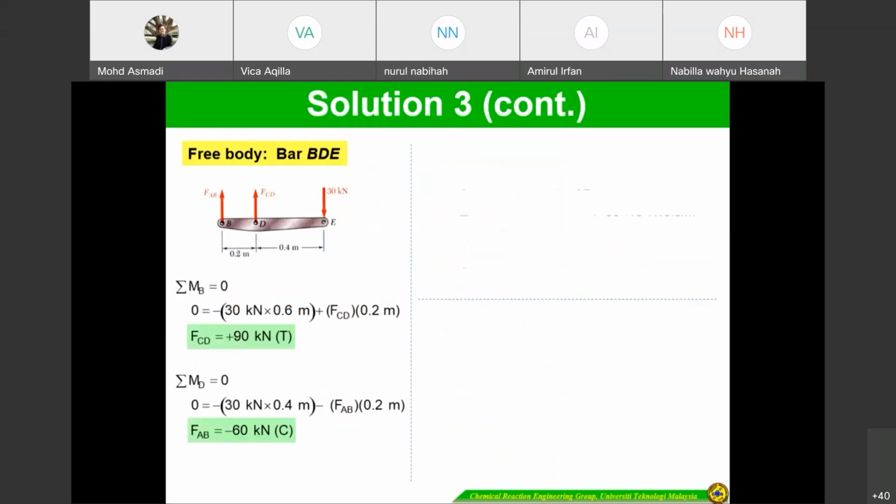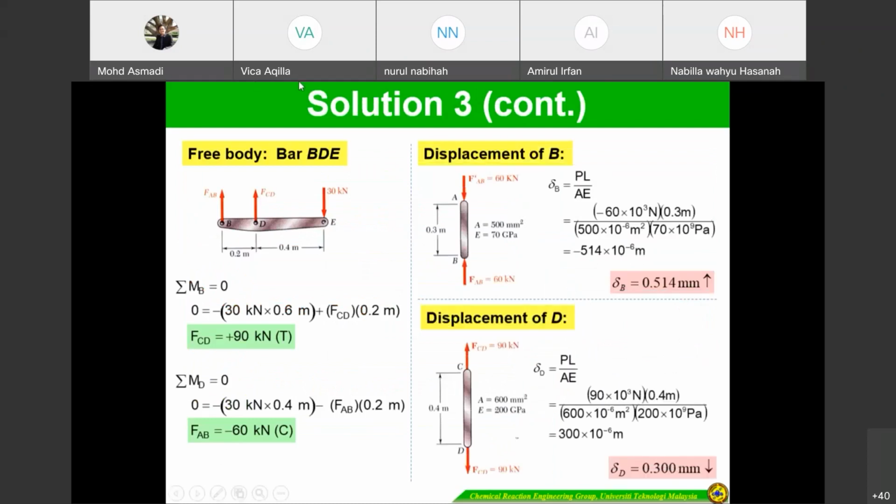If you look here, this is a free body diagram for each member, BD and CD, which we already explained. Because there are two unknowns in the y direction, we use the moment at point B, so we don't need to calculate FAB, only FCD and the 30 kilonewtons, so that we get 90 kilonewtons.